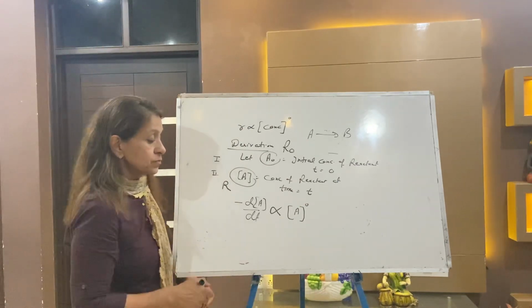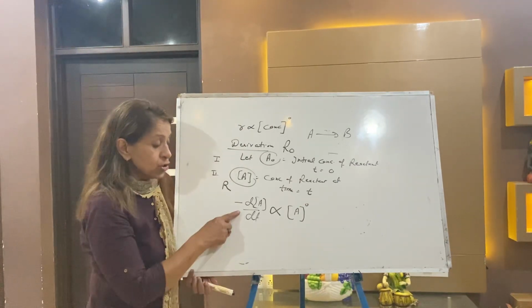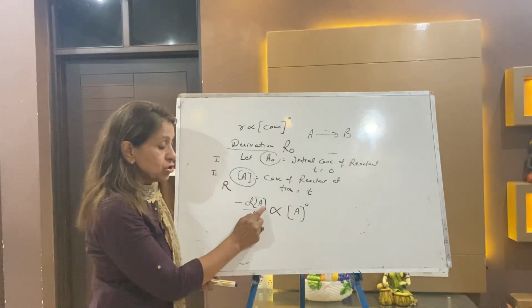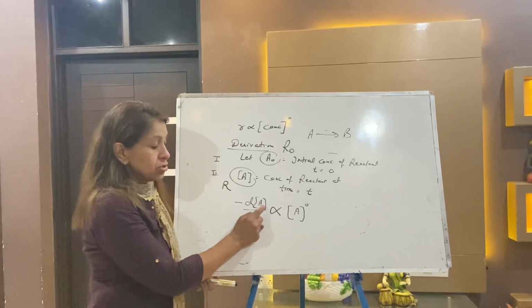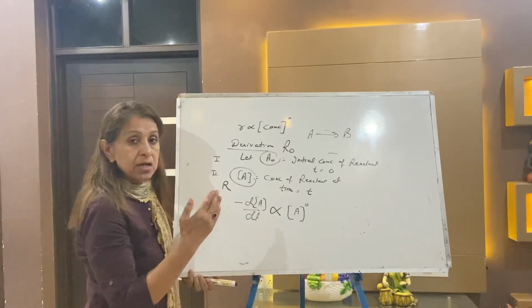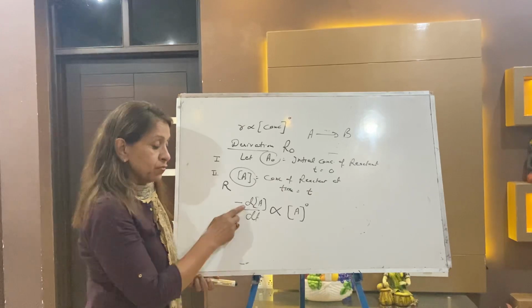Again listen, this is the start of the derivation. Minus d of concentration by time is the rate, and minus is for the decrease in the concentration of reactant with time.